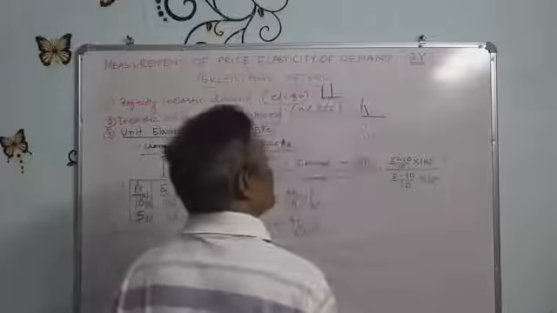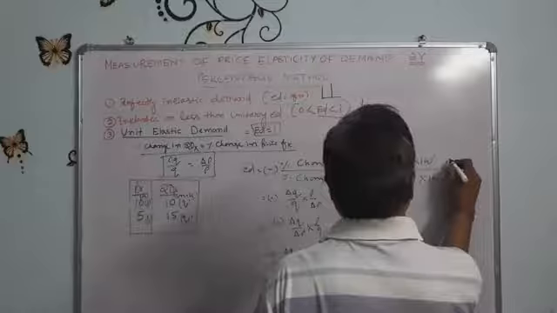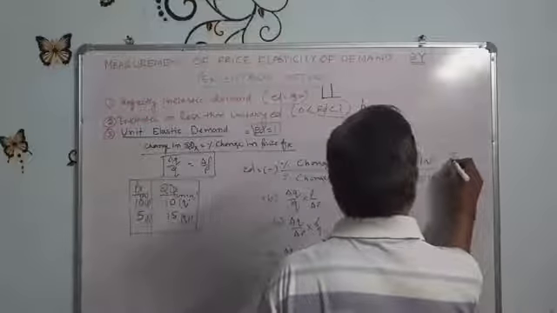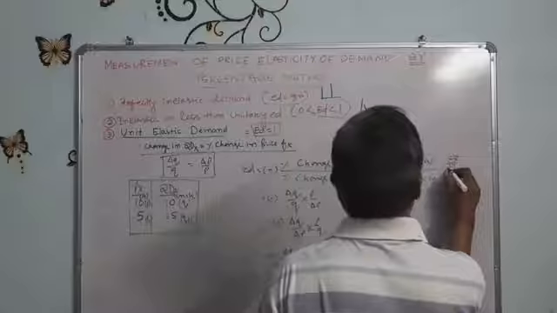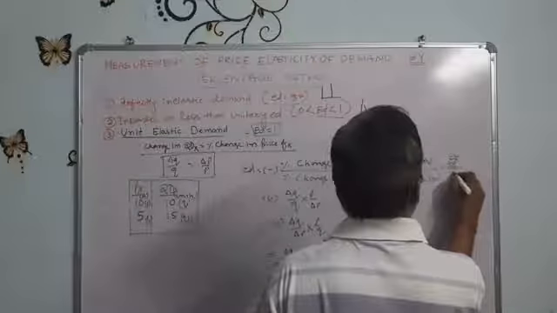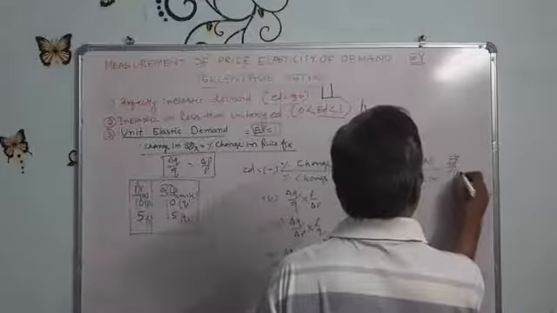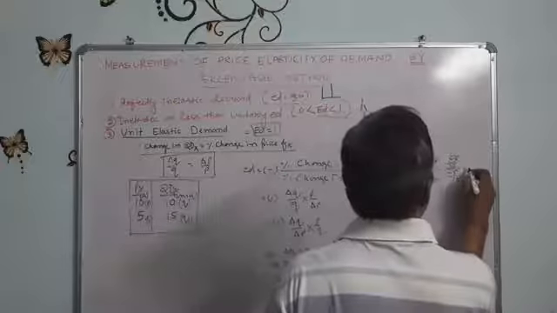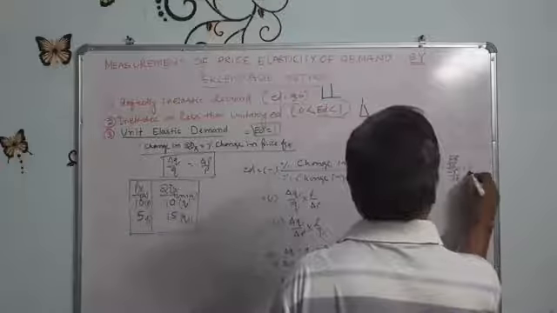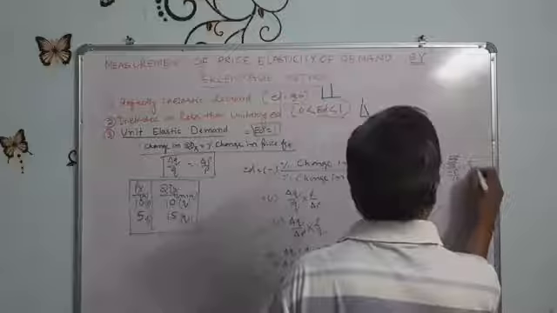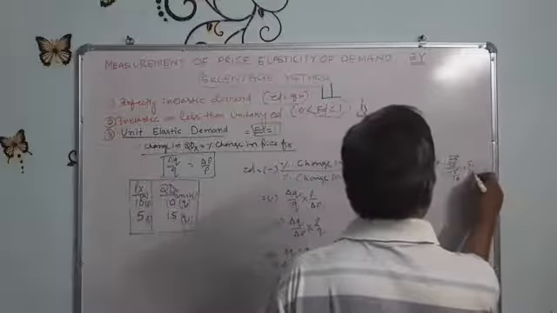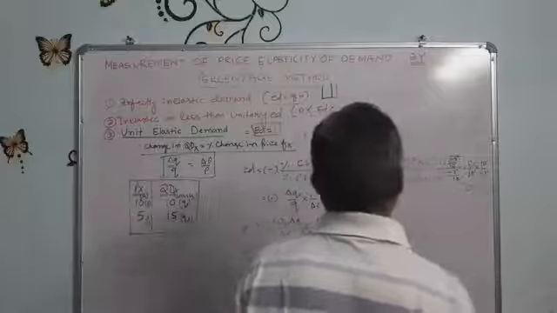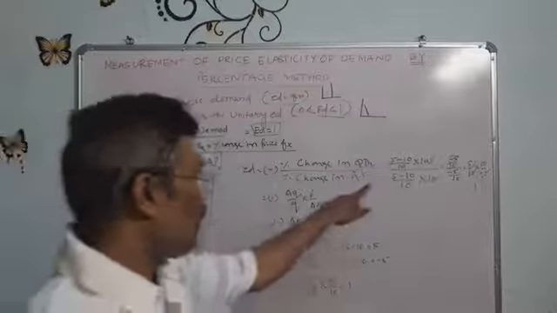The 100 cancels, so it equals 5 divided by 10, all divided by minus 5 divided by 10, equals 5 by 10 into 10 divided by minus 5, cancel, equals 1. This is the method to find out that formula.